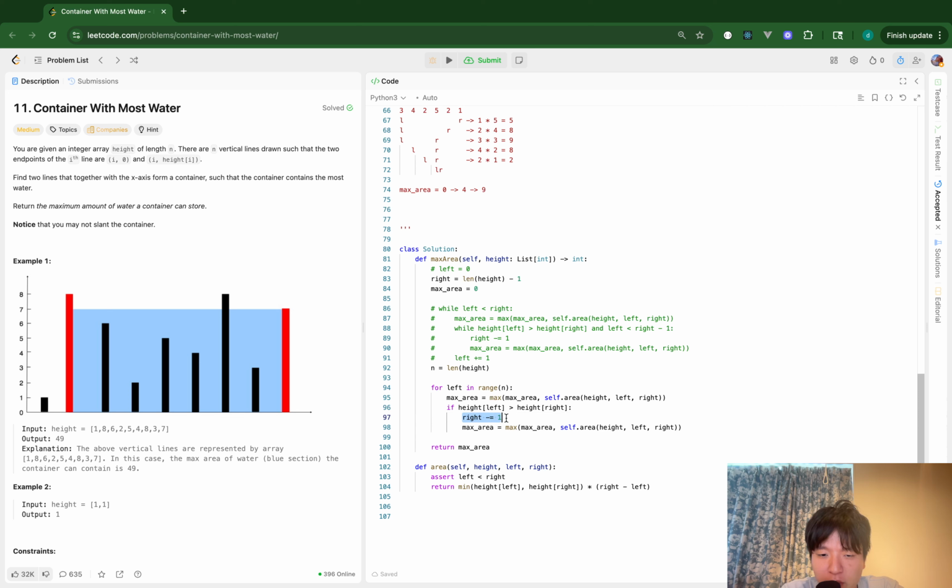I move the right pointer and update the max area.